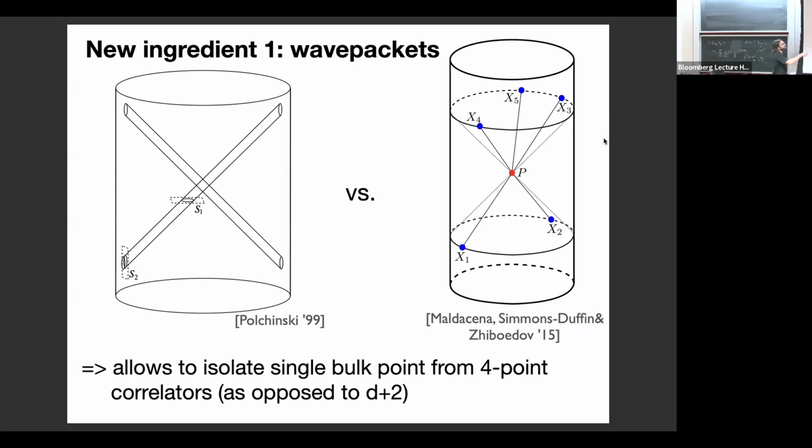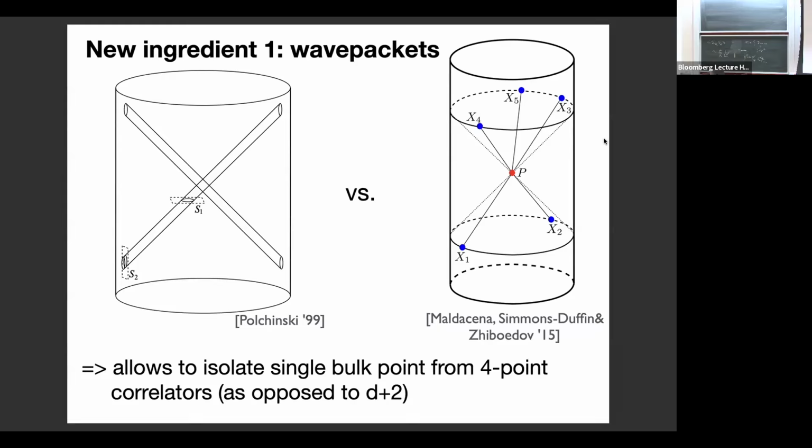But with 4 points and directions, it's actually very easy, because just from the data of one of these operators, you single out one light ray in the bulk. And then if you shoot a second light ray, almost all the time they will miss. So just by scanning over the shooting angle here, you already learn a lot about where that point is.